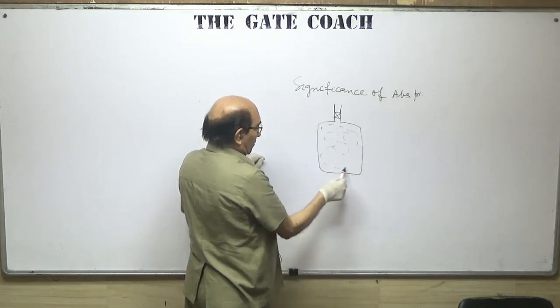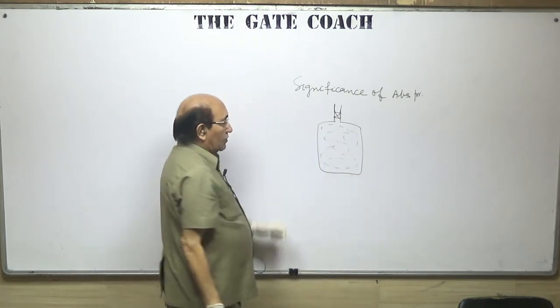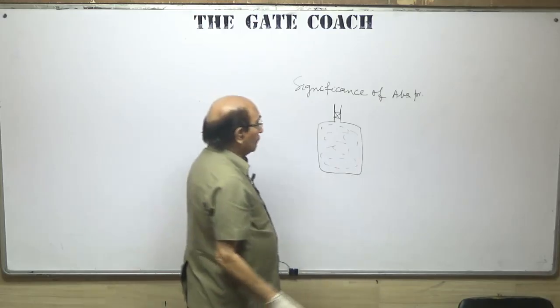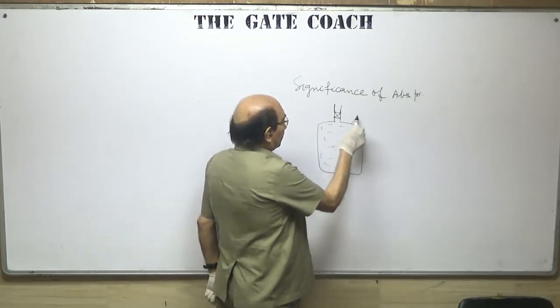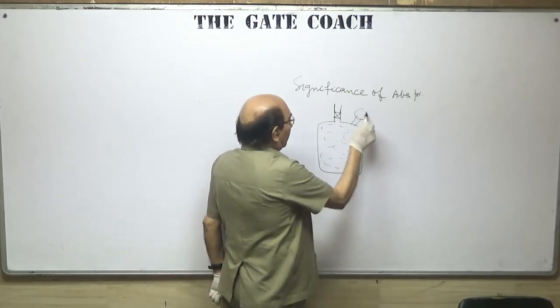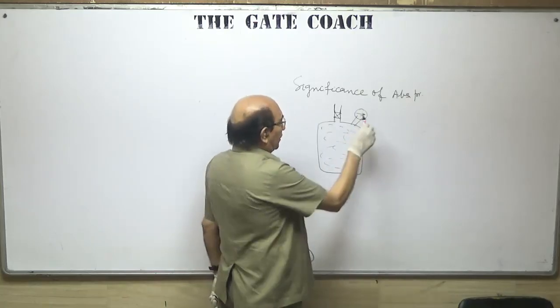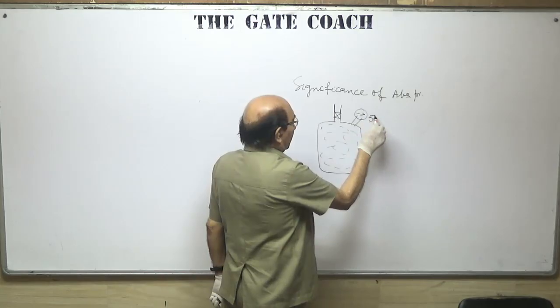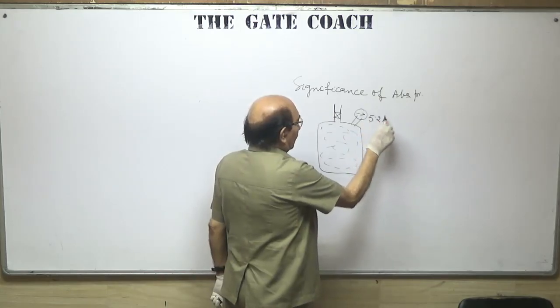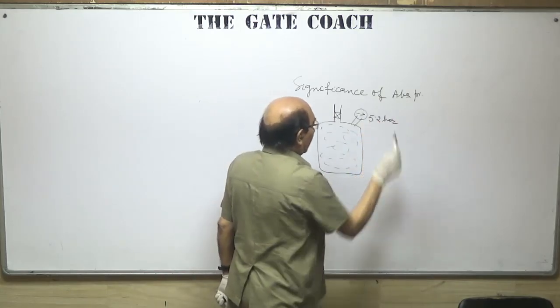I am having a cylinder to which I have put a pressure gauge, and the gauge reads 5.2 bar.